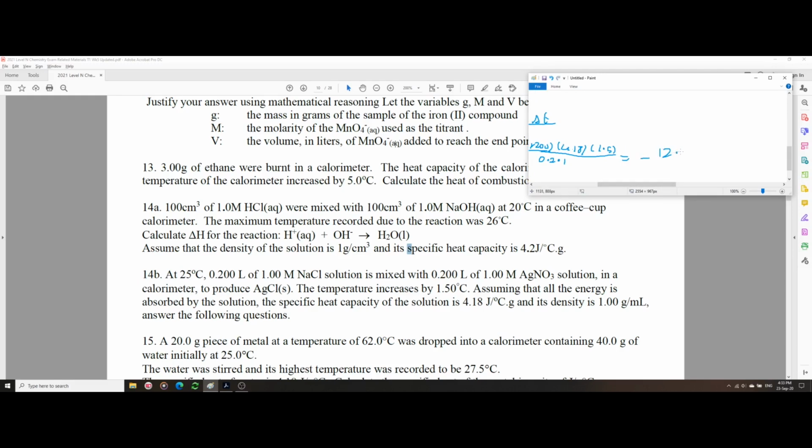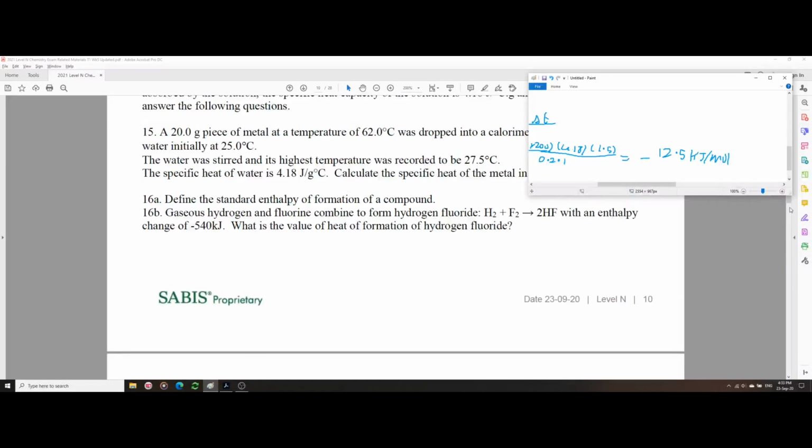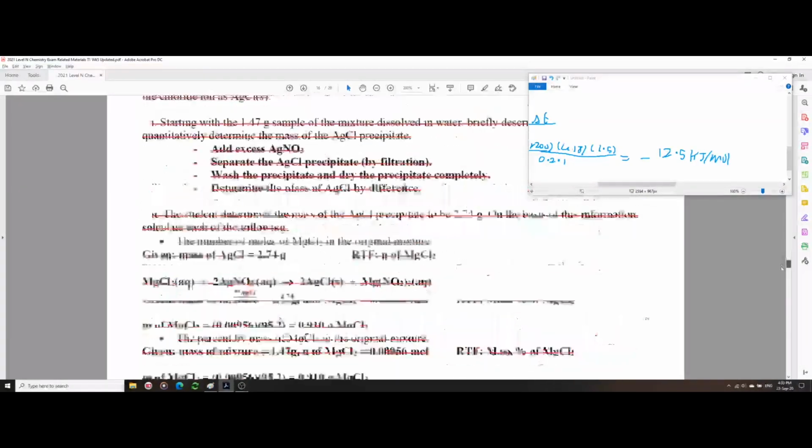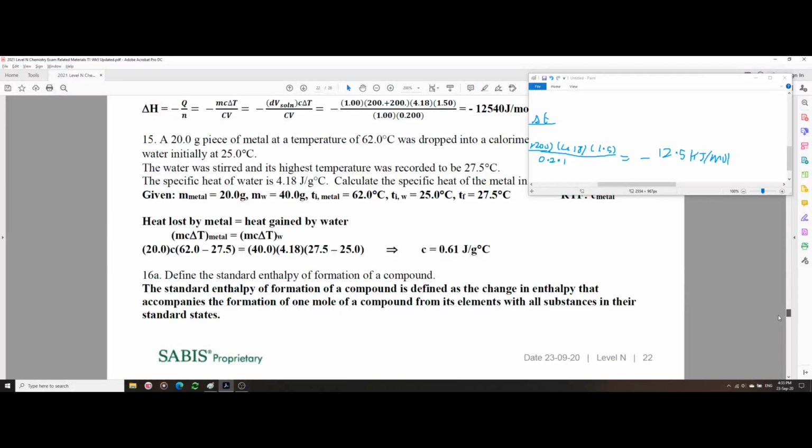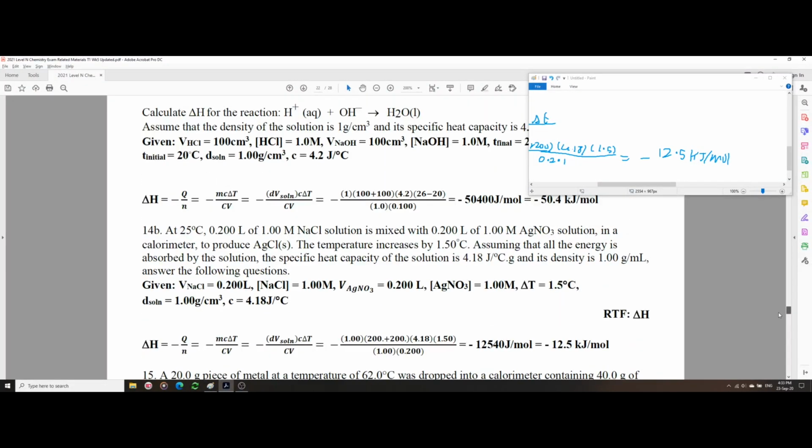It could be wrong, but I know that the process is correct. So you should get something like this. But just in case, let me double check quickly. Just to check the calculation, everything else should be correct, and there you go, it's correct. So we're done with this question.